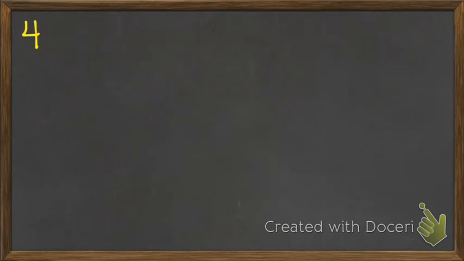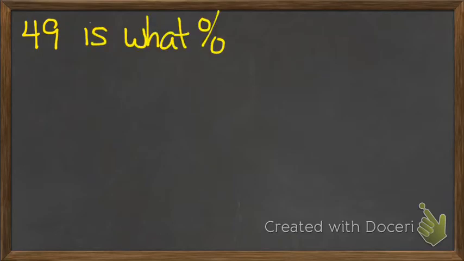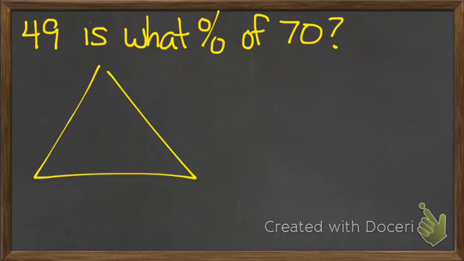Let me do 49 is what percent of 70? My last one, I promise. 49 is what percent of 70? Up goes a triangle.